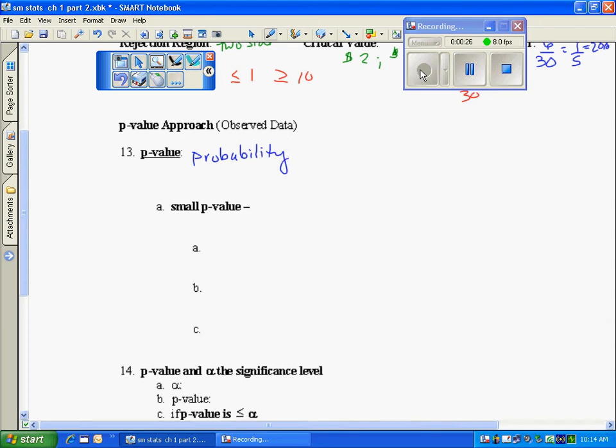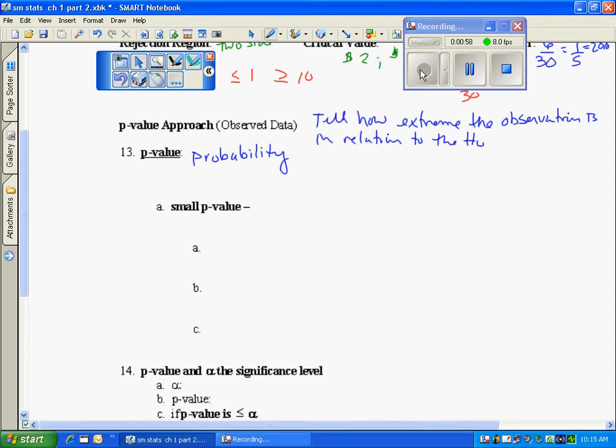So when you do the p-value approach, it's going to tell how extreme the observation is in relation to the null, what I believe to be true. It measures the strength of my data. So it is a measure of probability, and that's why we call it a p-value, p for probability.